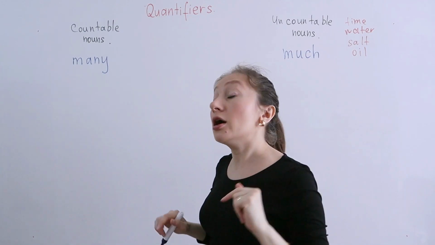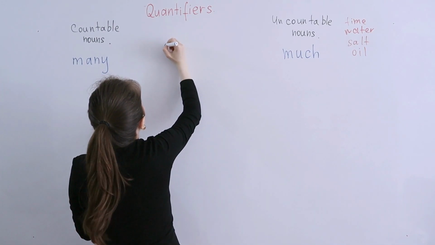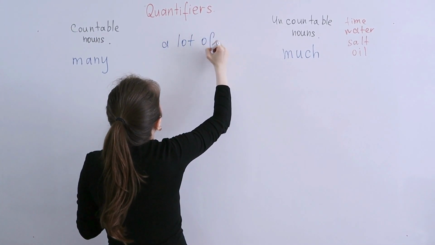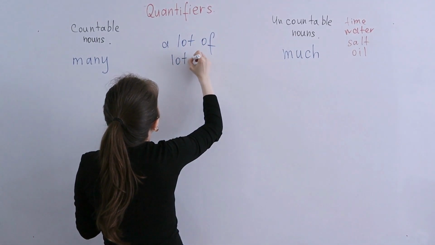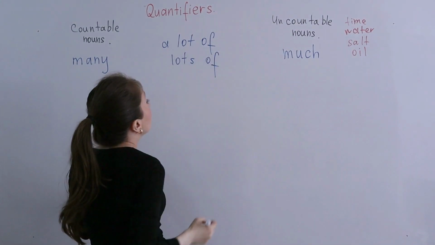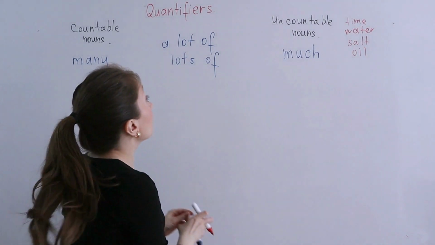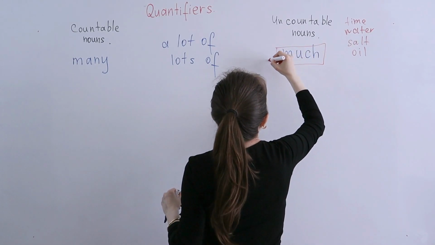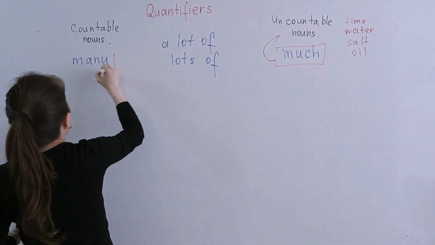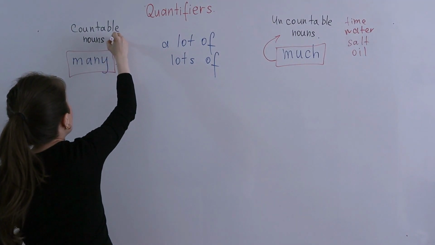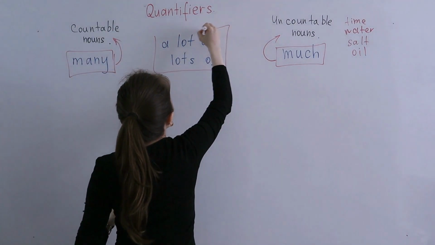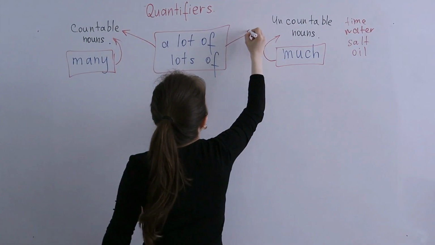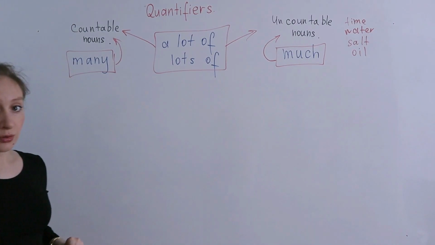It is a lot of, or in short, lots of, right? So much can be used just with uncountable, many can be used with countable, and a lot of, or short, lots of, can be used with both nouns, right?